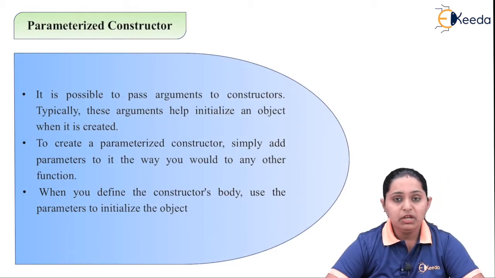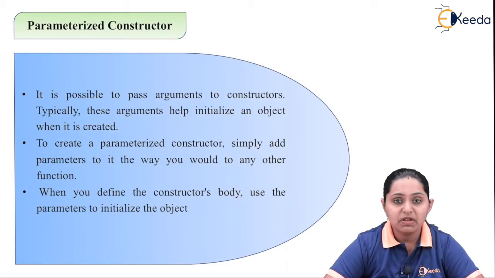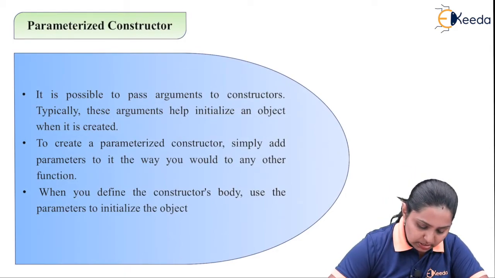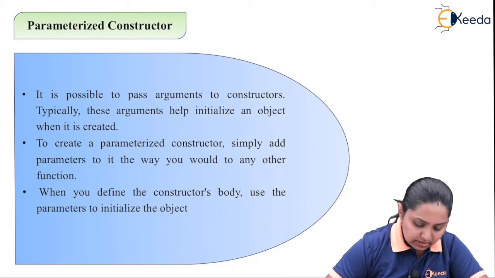So, whenever you are creating the object with the help of a parameterized constructor, by default you can specify some values to that object's variables. Next, to create a parameterized constructor, simply add parameters to it, the way you would to any other function. When you define the constructor body, use the parameters to initialize the object.